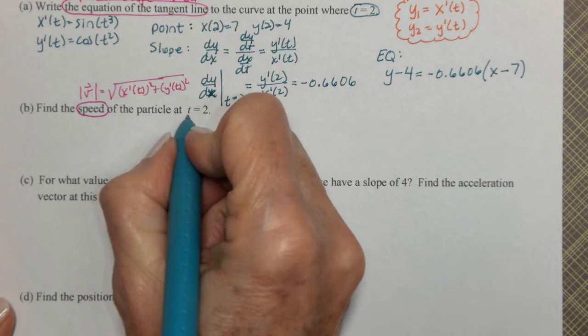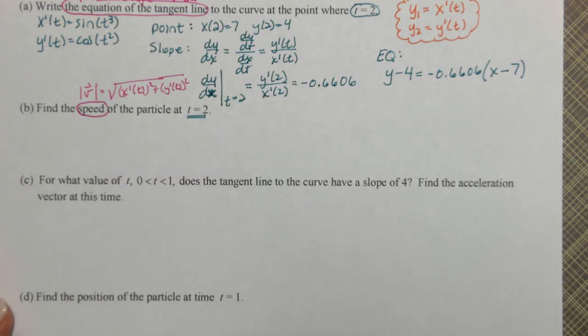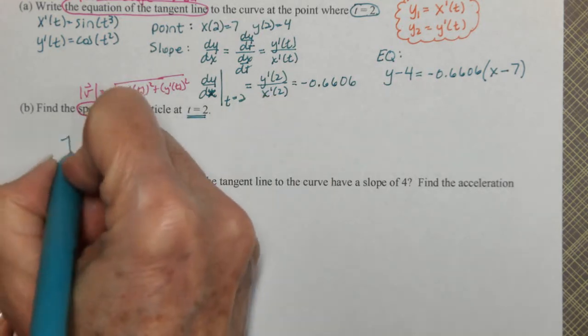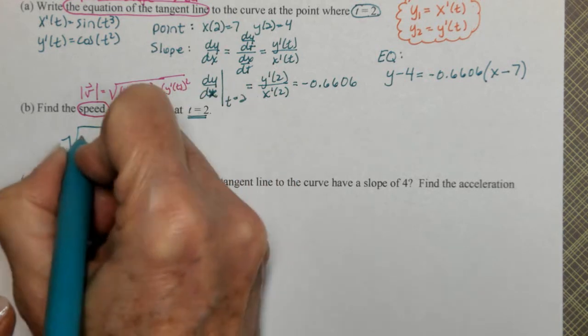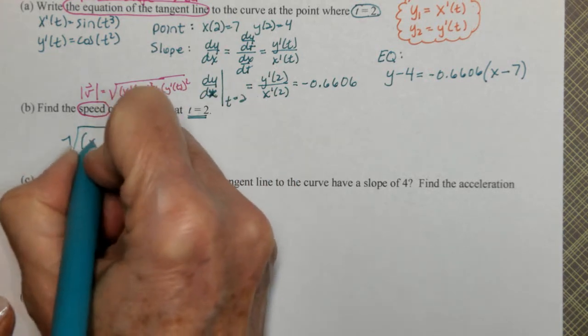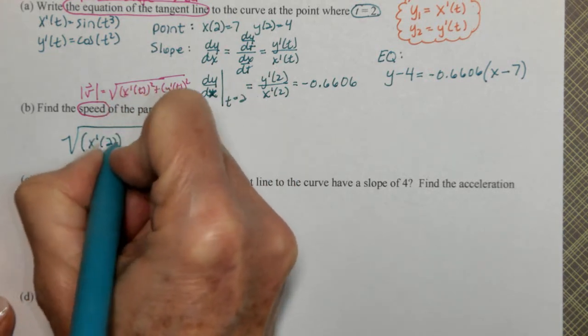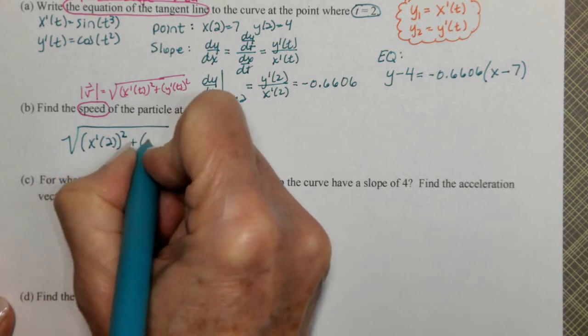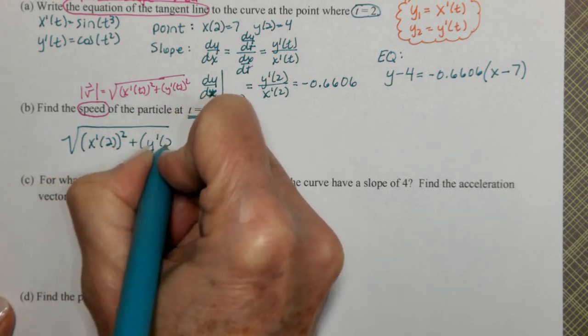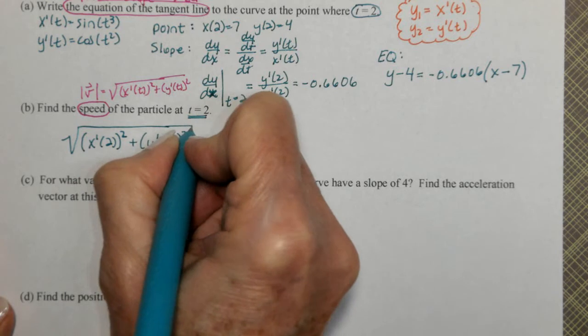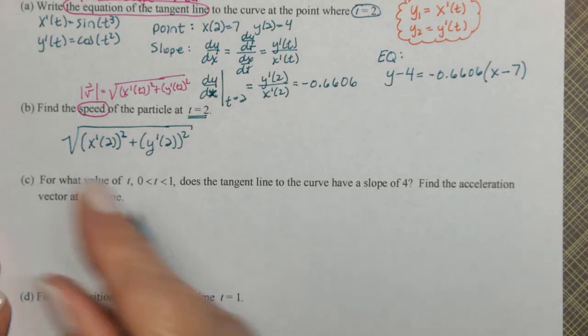And we want that at time 2. So I want the square root of x prime of 2 squared plus y prime of 2 squared. That will be the speed at time 2.